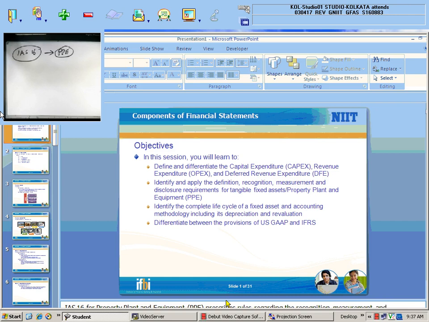These rules would enable users of the financial statements to understand the extent of the entity's investment in such assets and the movements therein.